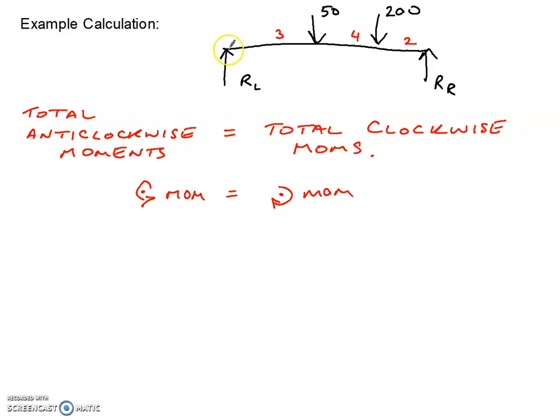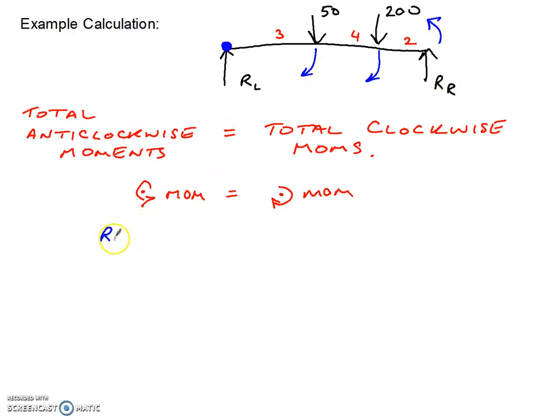So I'm going to take my moment through the left hand side, so I get rid of RL, because the distance of that force from that pivot is 0, so RL times that distance is actually 0. If we look at this here, these are going to try and turn the beam clockwise, and RR is going to try and turn it anti-clockwise. I've said anti-clockwise on the left of the equation, so I'm going to do that here.